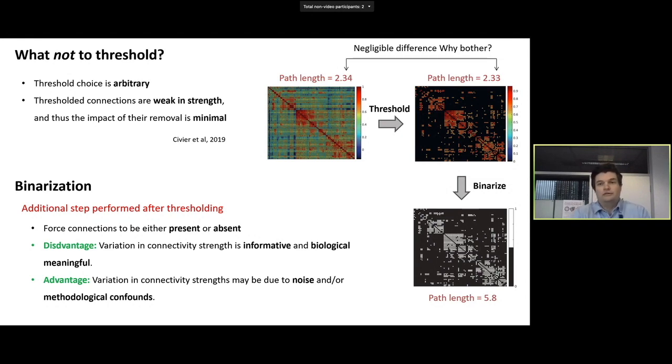We see a rich variation across pairs of regions in connection strength. However, the counter-argument is that it's probably likely that some of this variation is due to noise or methodological confounds, and therefore by binarizing connections, we potentially remove some of those confounds.